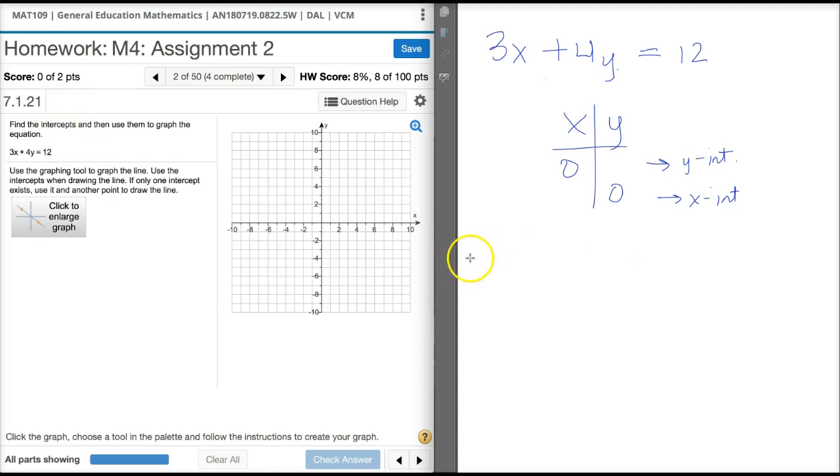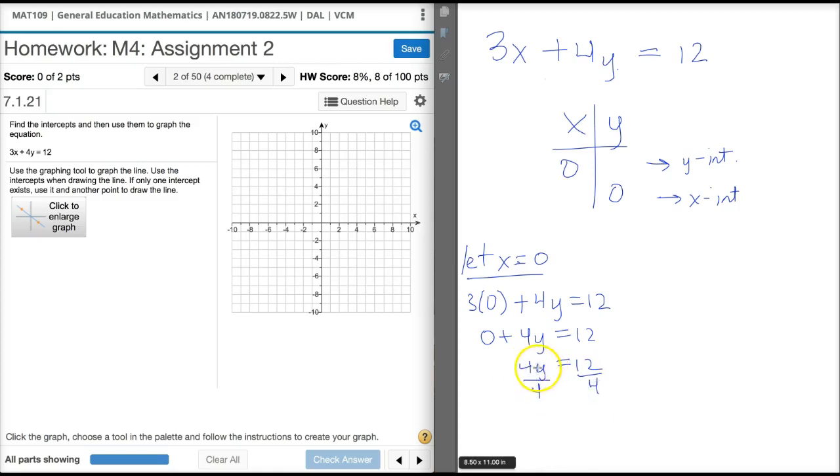Now, if we let x equal 0, then when we plug this in, 3 times 0 plus 4y equals 12. We know that 3 times 0 is 0, and 0 plus anything is just that anything. To get y by itself, we divide both sides by 4.